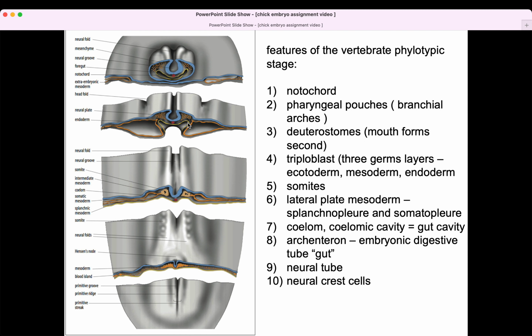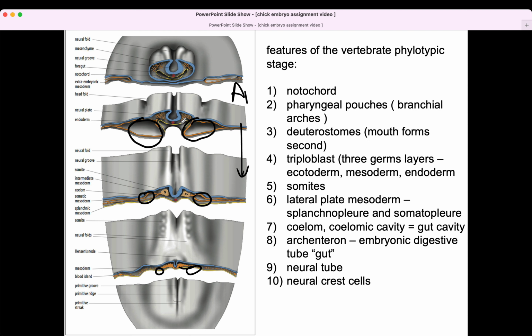So in this figure, it's depicting the lateral plate mesoderm getting hollowed out here, and they're less hollowed out here because this is posterior, and they're not hollowed out here at all. And you don't have to depict all of that, but that's what's trying to be depicted by the artist in this. As we go anterior to posterior, we have more developed lateral plate mesoderm, and that's what's happening to it as it develops.